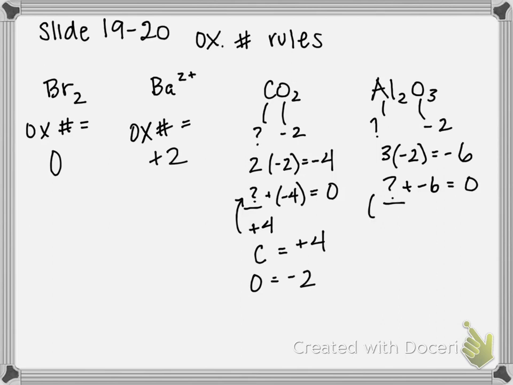So this blank has to be +6, right? But notice we have 2 aluminums. So we're going to divide that 6 by 2 because we're splitting that total charge between the 2 aluminum ions, and we get +3. So aluminum's oxidation state is +3, and oxygen's oxidation state, since it's in a compound, is -2.